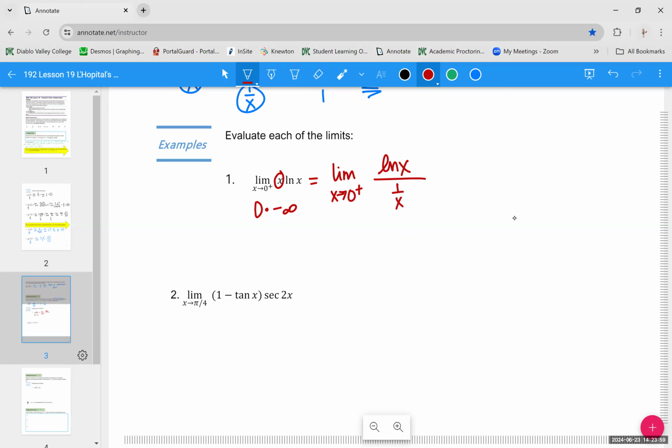So that would be 1 over x to the bottom. Double checking, we still have infinity on the top, but now as x goes to 0, 1 over x goes to infinity. So that's the indeterminate form that allows us to use L'Hopital: derivative of the top, the derivative of the bottom, and simplify, back to simplifying.